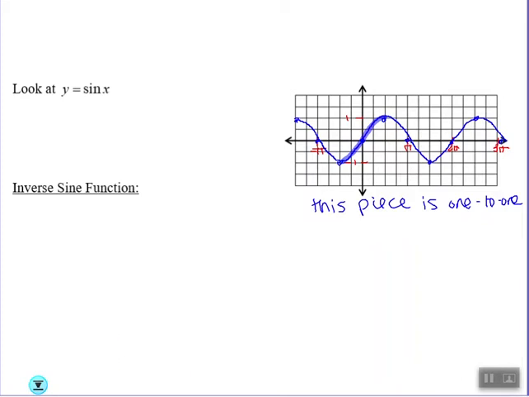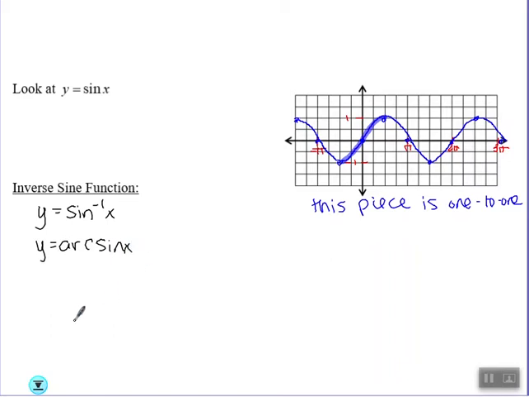There are a couple ways that we can write the inverse sine function. We can do y equals sine inverse of x, or we can say y equals arc sine of x.